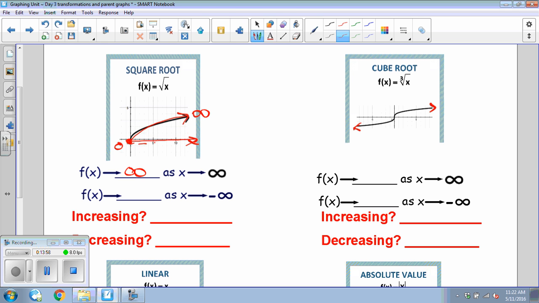And as x gets smaller, as x approaches negative infinity, my function approaches 0. This is the same thing as y, right? F of x is y. Y goes to infinity as x goes to infinity. As x goes to infinity, y goes to infinity.